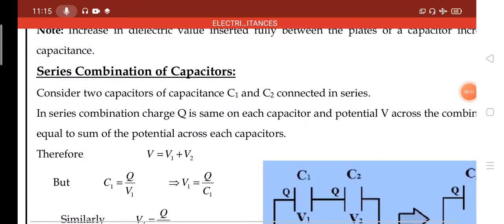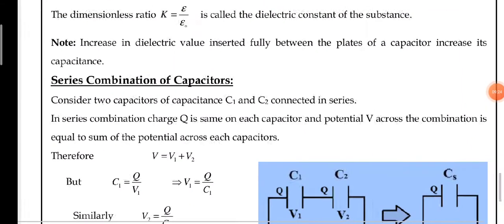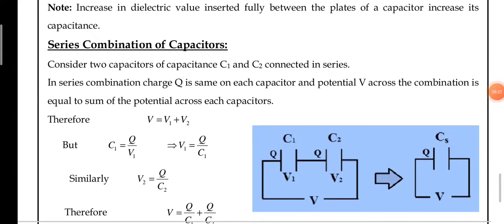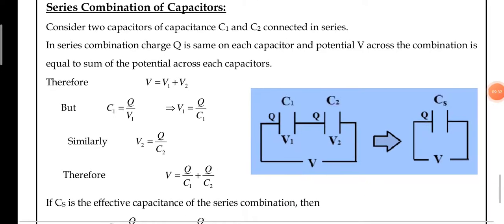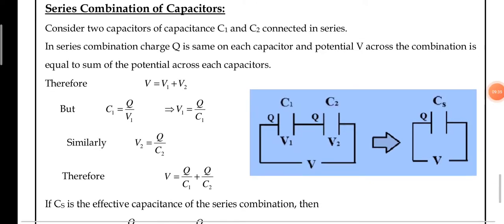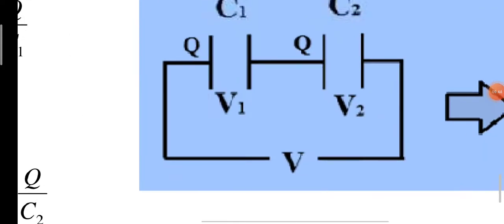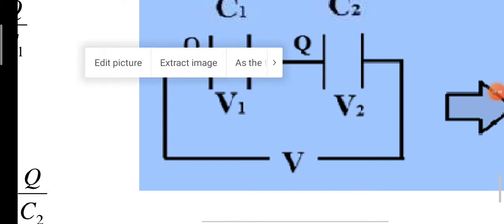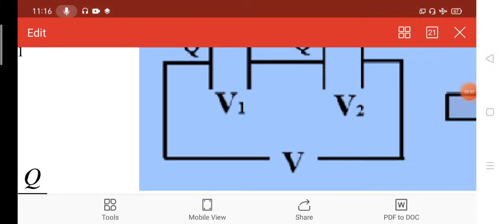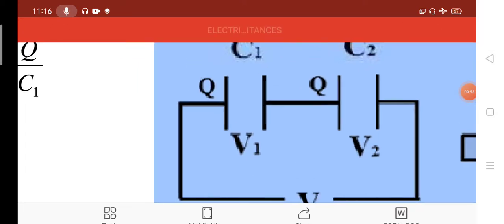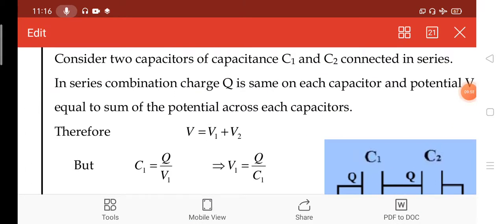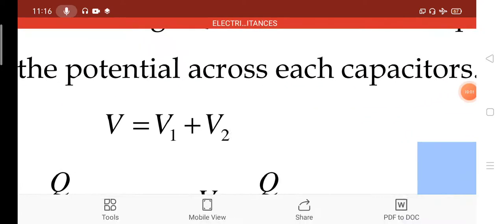Now the series combination. Consider two capacitors of capacitances C1 and C2 connected in series. In series combination, charge is constant, and the potential across the combination is equal to the sum of the potentials across the capacitors. The total potential V is shared among the capacitors: for C1 it is V1, for C2 it is V2. So total potential V equals V1 plus V2.